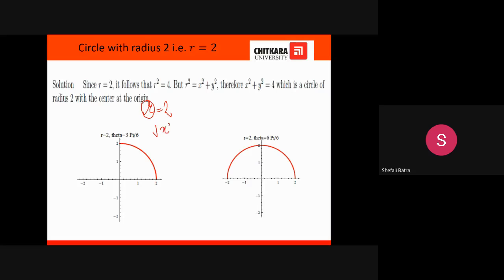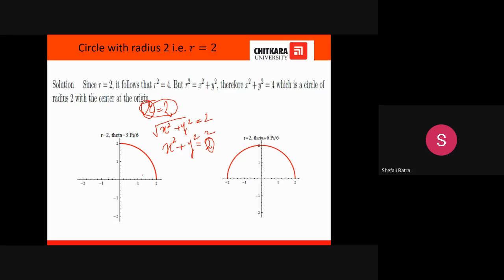Under root x square plus y square. That is equal to 2. So ultimately we'll be writing x square plus y square is equal to 2 square. So whenever it is written like r is equal to 2, it means it is a circle with radius 2, with center at origin.